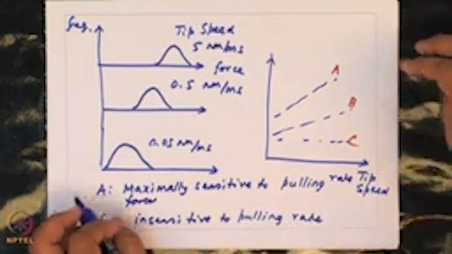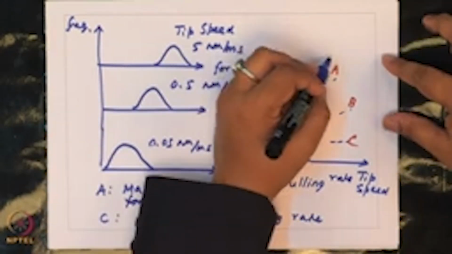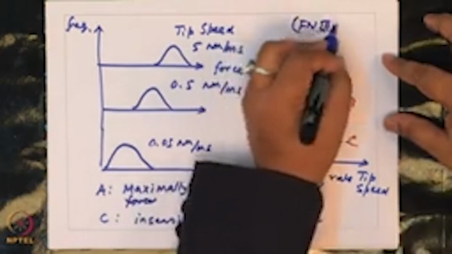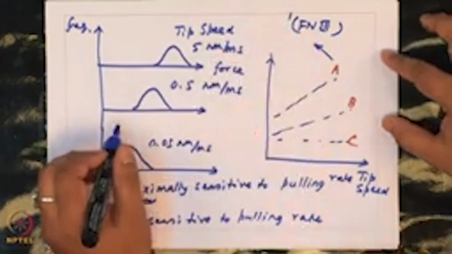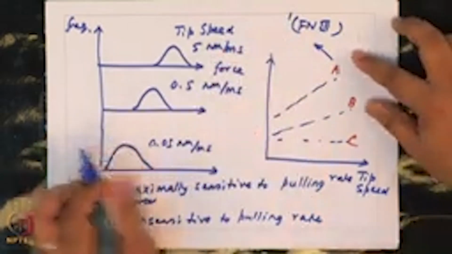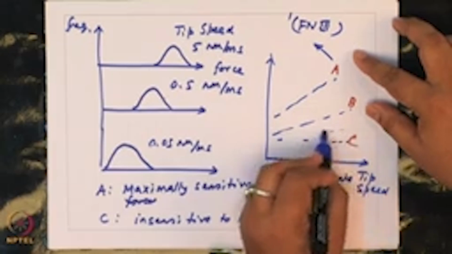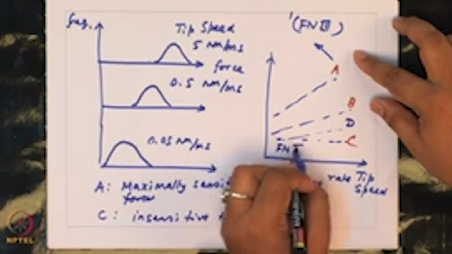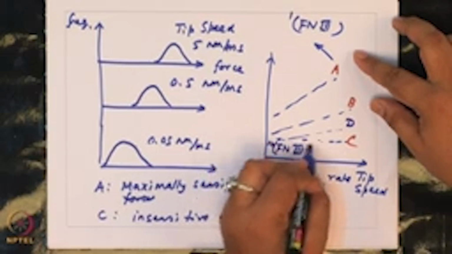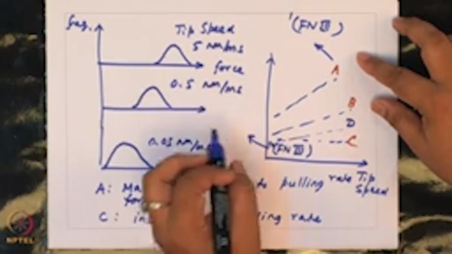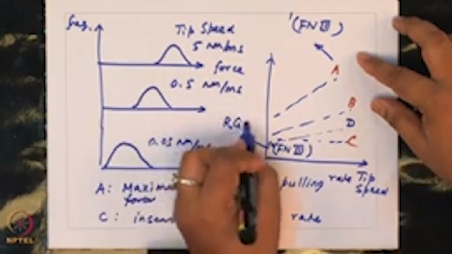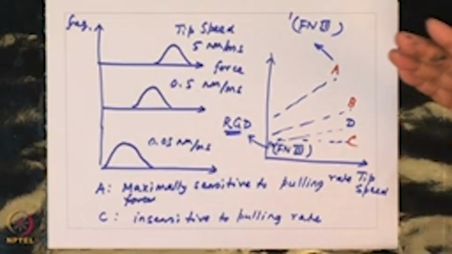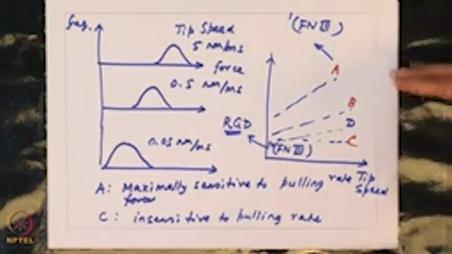For the case of fibronectin, for example, it has been observed that the first domain of FN3 is maximally sensitive to forces, and the 10th domain of FN3 contains the RGD sequence. So, this is on an average less sensitive to pulling forces.